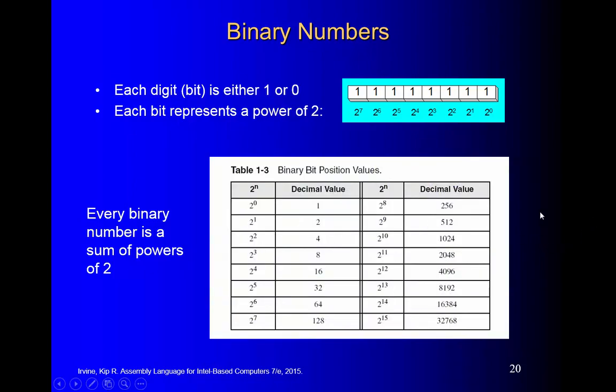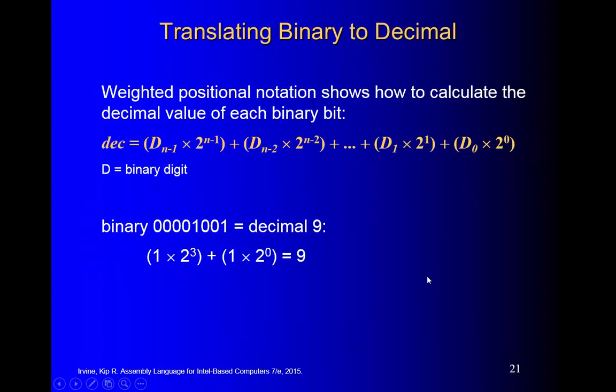This gives a shortcut for the values we are using here. 2 to the 7th power means 128. 2 to the 6th power is 64. This is a quick reference table. This is a formula for how to find the decimal value of a binary number, and D stands for the binary digit.